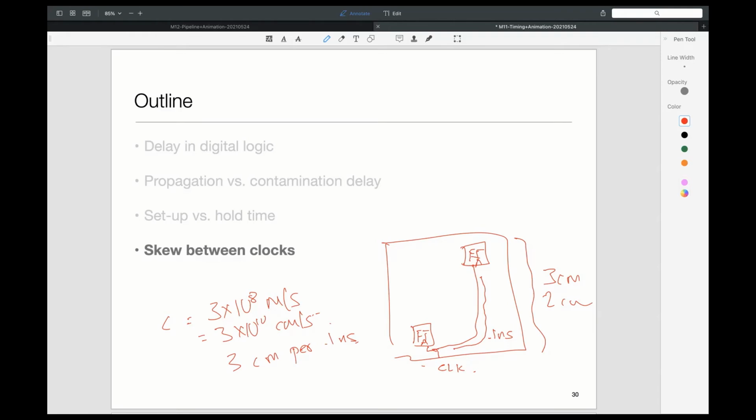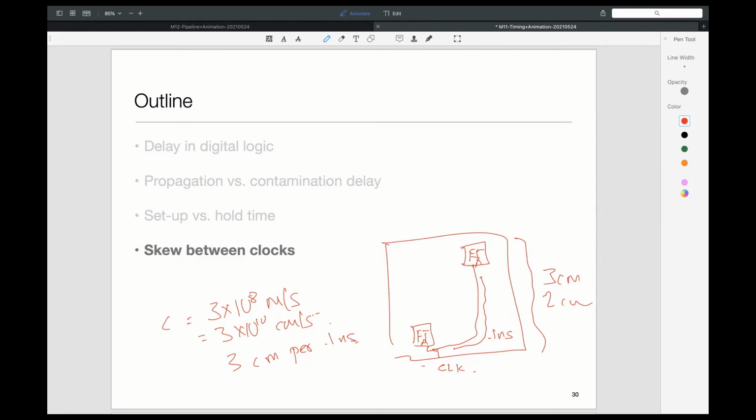Now imagine you may have hundreds of thousands of flip-flops all over the chip. So clearly there can be a spread. The clock edge may be reaching them at different times, and that spread can be of this order, a few tenths of a nanosecond. And remember, we operate our modern chips at gigahertz frequencies. Let's say 5 gigahertz at the very high end, so that's like 0.2 nanosecond.